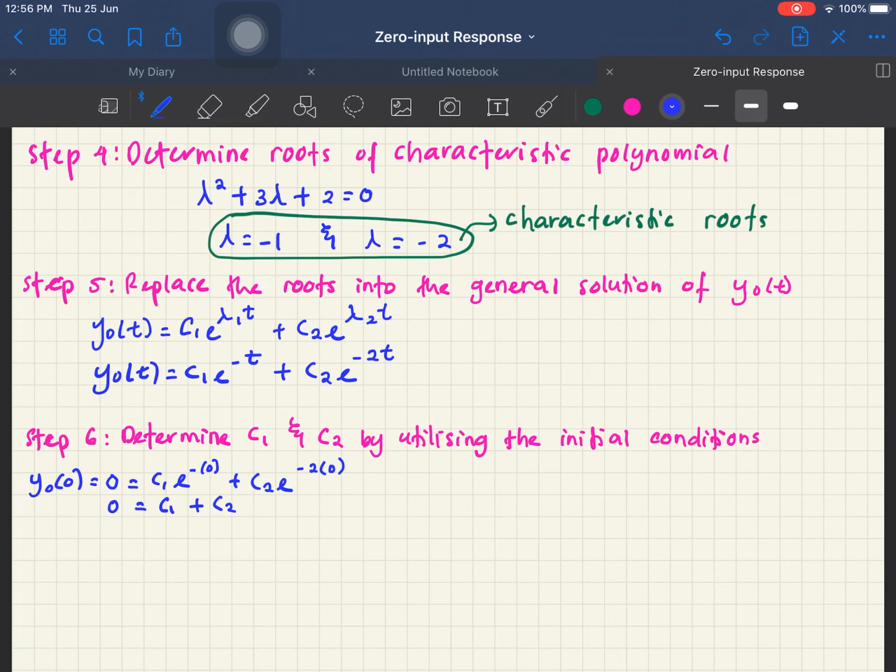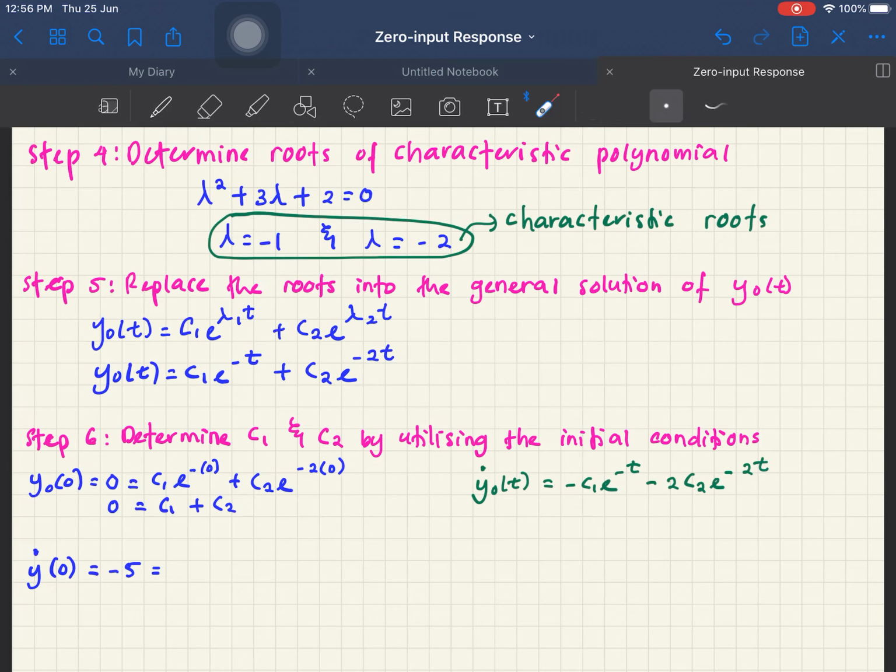For y dot, which is equivalent to minus 5, first you have to differentiate y zero. So y dot of t equals minus c1 e to the power of minus t minus 2 c2 e to the power of minus 2t.